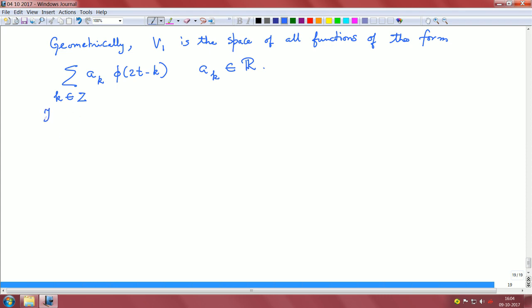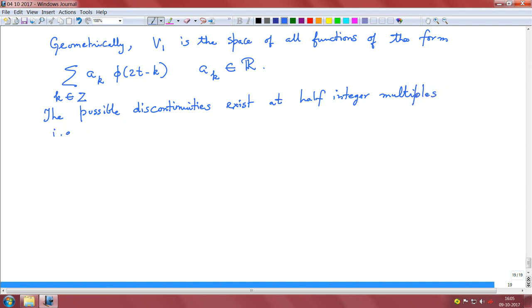The possible discontinuities exist at half integer multiples, that is 0, plus minus half, plus minus 1, and so on.